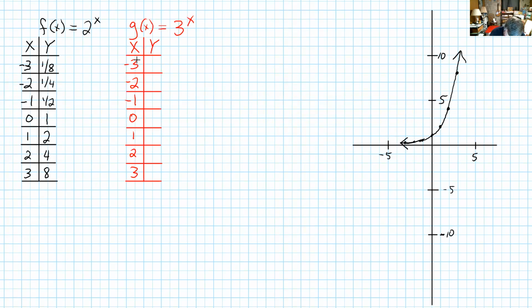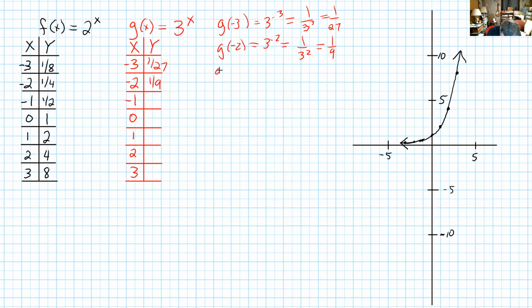When x is -3, g of -3 is 3 to the -3 power, which is 1 over 3 cubed, which is 1 over 27. Okay. If x is -2, g of -2 is 3 to the -2 power, which is 1 over 3 squared, which is 1/9.